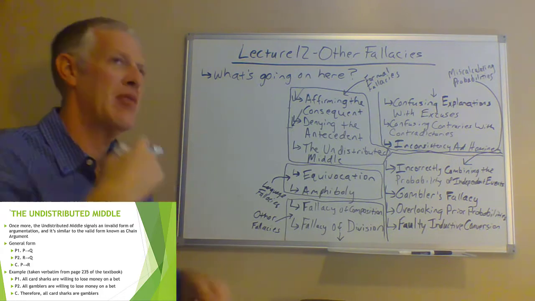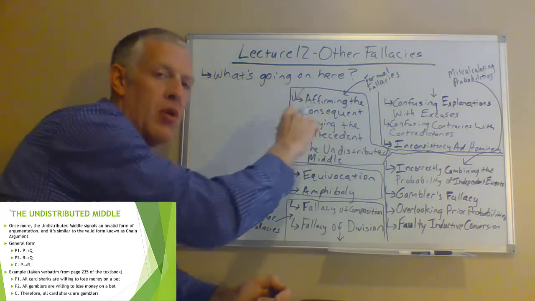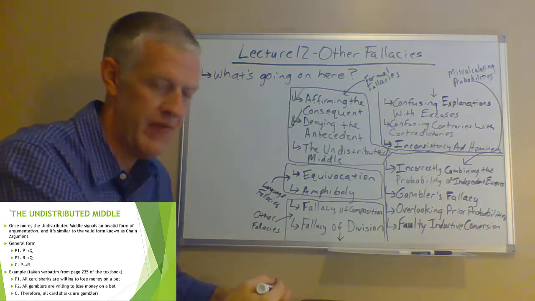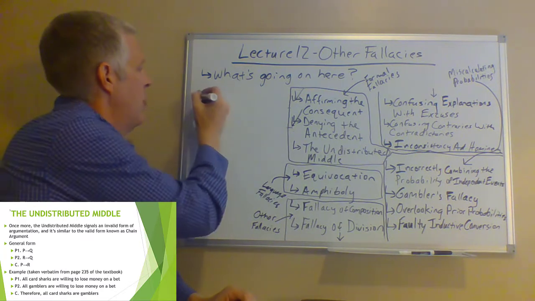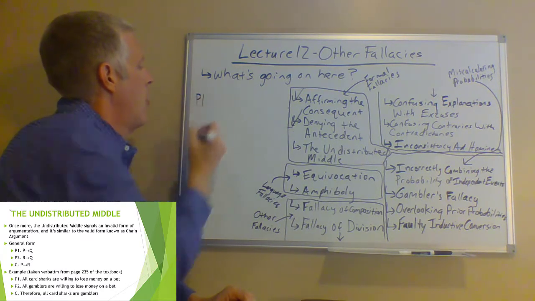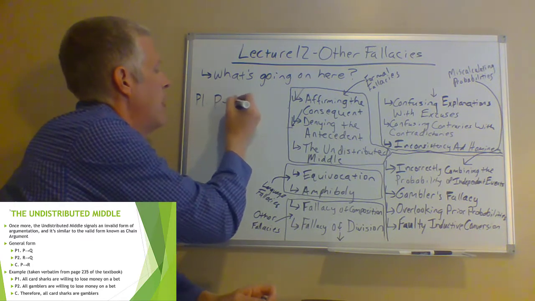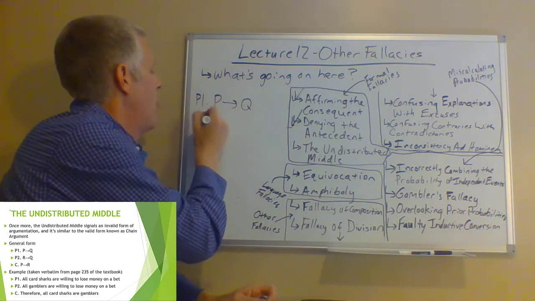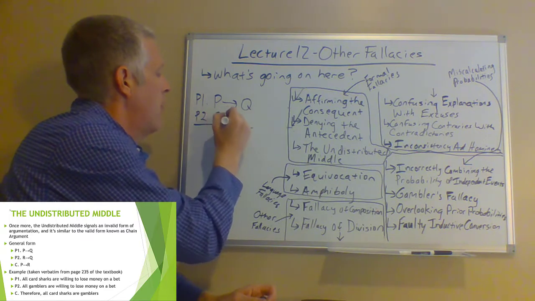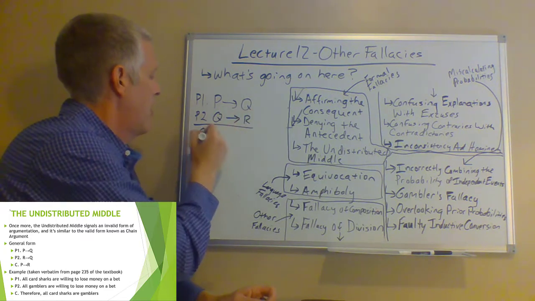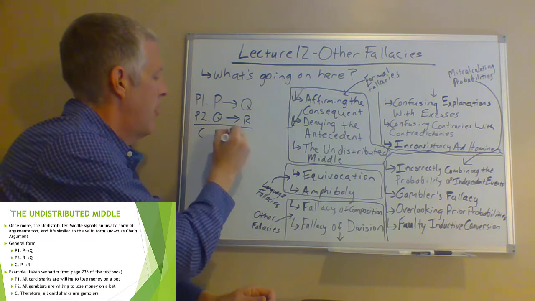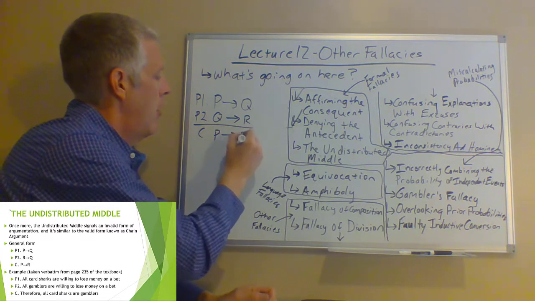I mean, this one's not as similar as the other two were to the valid forms that we discussed previously, but it's somewhat related to the valid form known as a chain argument. So like if P then Q, and then premise 2 would be if Q then R, and then the conclusion would be if P then R.